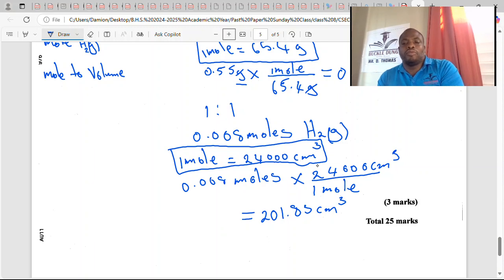And so, again, the first question, 25 marks. How much out of it? They did tie in moles at the end. You see that? So while we were looking at rate of reaction, they then give you a 3 marks question, which requires your knowledge of moles. So as I was saying, you have a situation where you just get a question on moles alone.